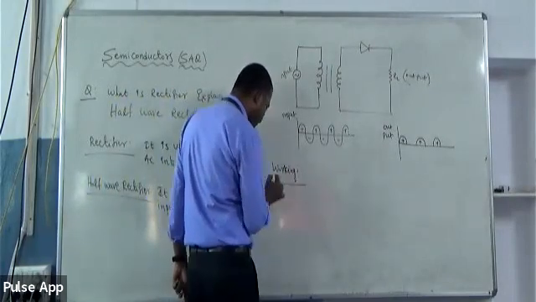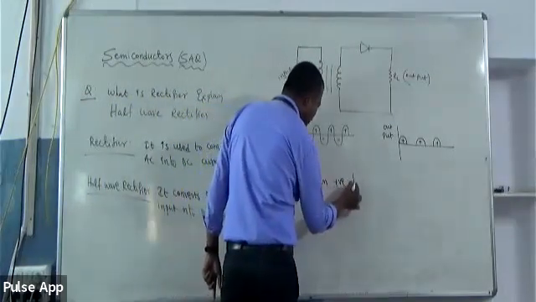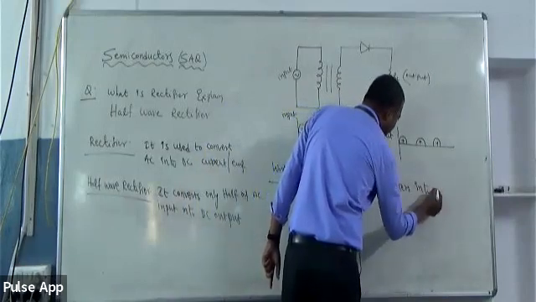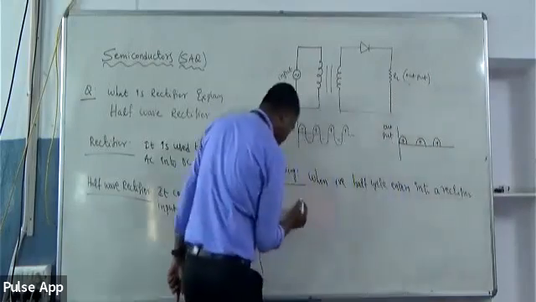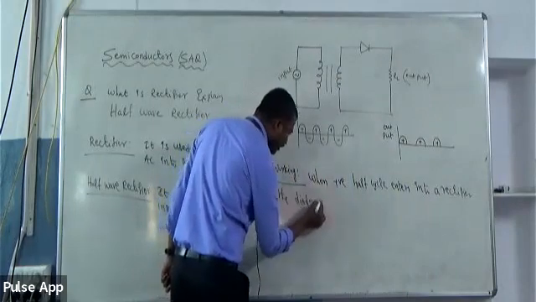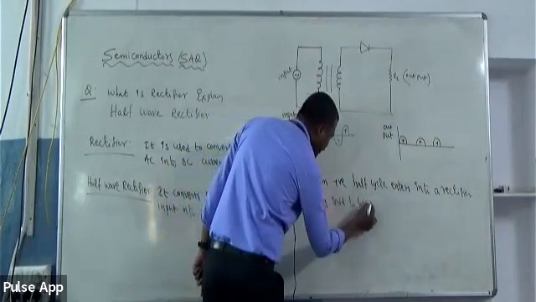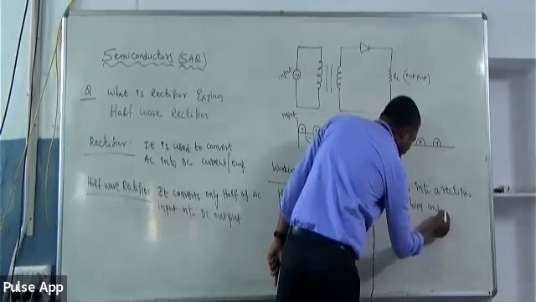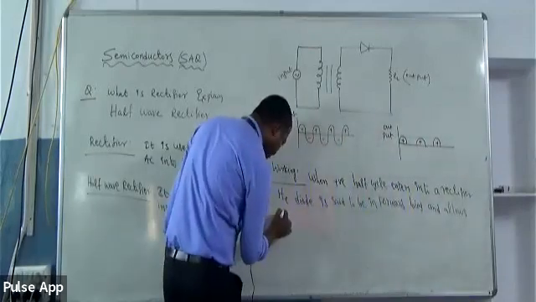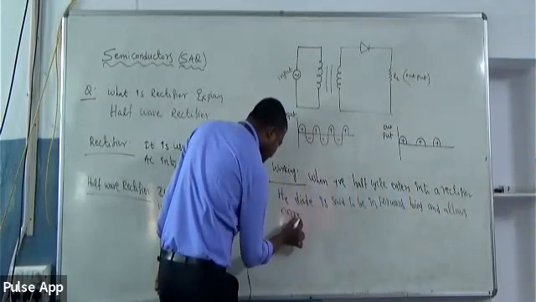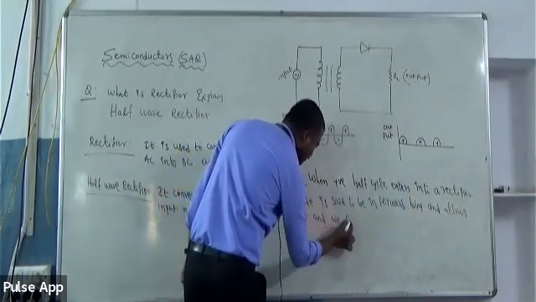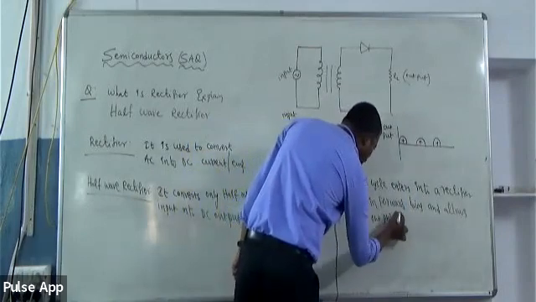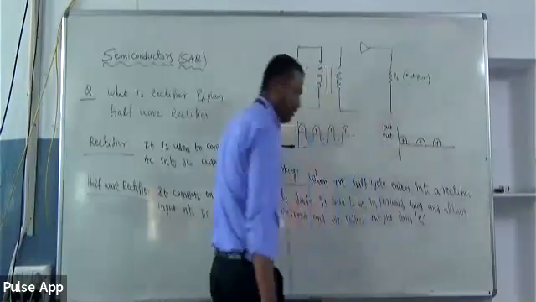When the positive half cycle enters into a rectifier, the diode is said to be in forward bias and allows current, and we collect the output from RL, the load resistor we call. Clear?